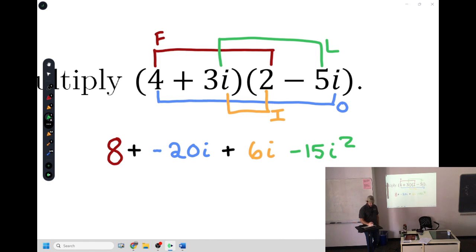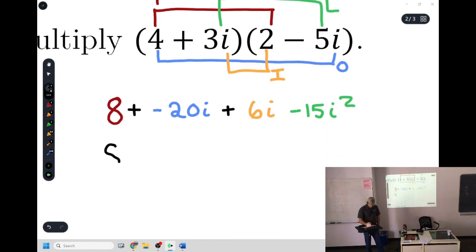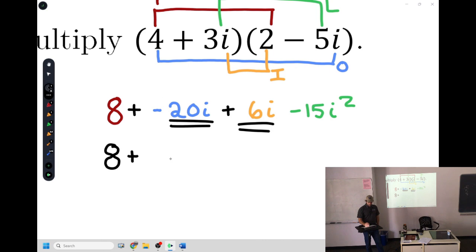Is there any like terms that can be combined? 8 plus. Those two look like they go together, right? Negative 14i. Right?